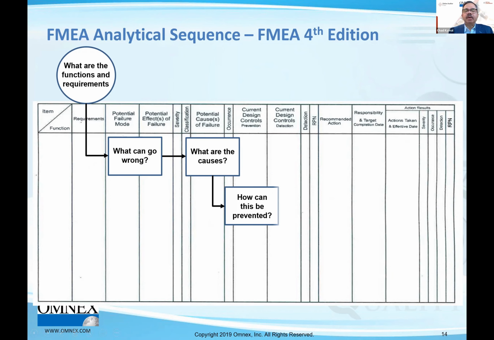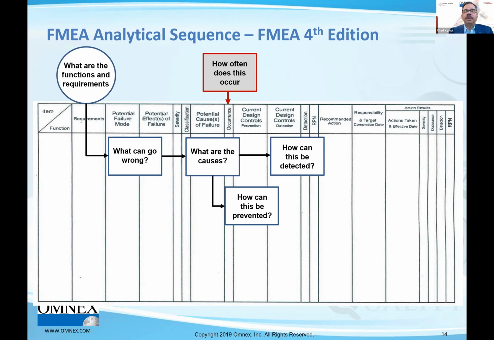And then we say, how can this be prevented? As soon as we talk about prevention, after that, you can talk about occurrence. Occurrence always looks at the cause and how it can be prevented, okay? And then how can this be detected? Anytime we say detected, it also correlates with the DVP&R or the test plan.